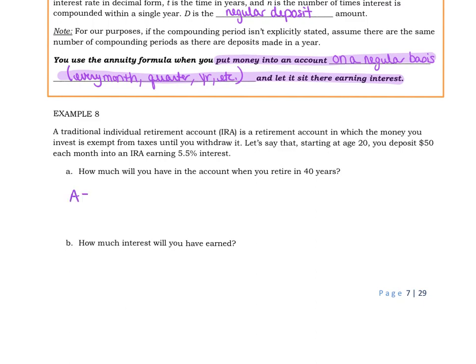Well, again, our formula, and I'm just going to jot that down so that we've got it all right here in front of us so we can start filling in our values for our variables. Okay, we are going to be putting in $50 each month, so that $50 is our value for D. Our interest rate is 5.5%.